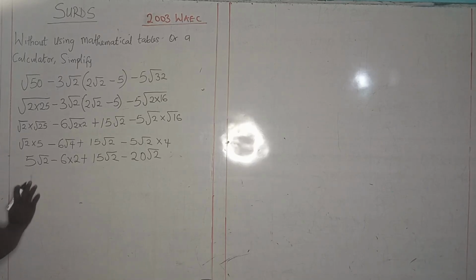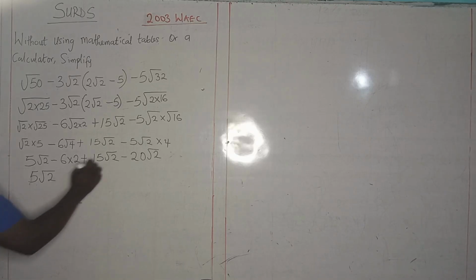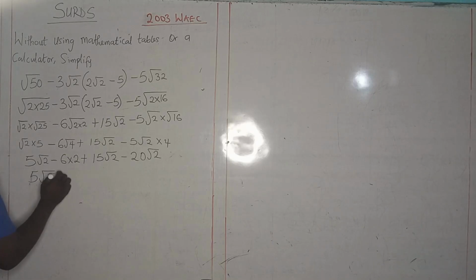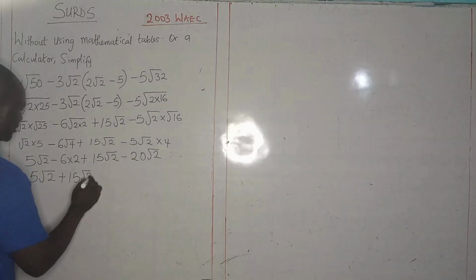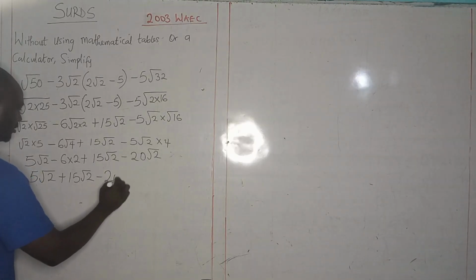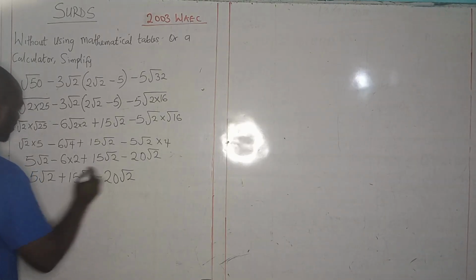Now here I'm going to collect the like terms. What does that mean? It means I will have 5 root 2. Alright, now this is having root 2 plus 15 root 2. Then this minus 20 root 2.